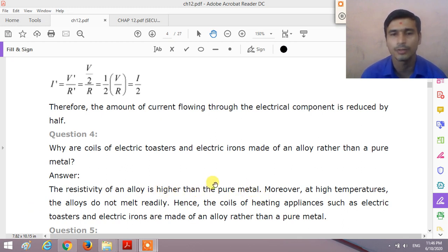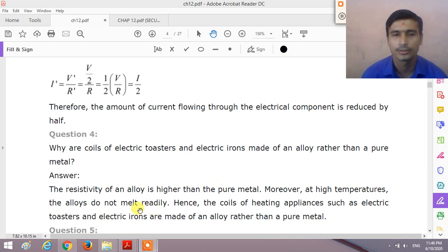As we discussed in the resistivity topic, the resistivity of an alloy is higher than that of a pure metal. At a very high temperature, alloys do not melt readily.